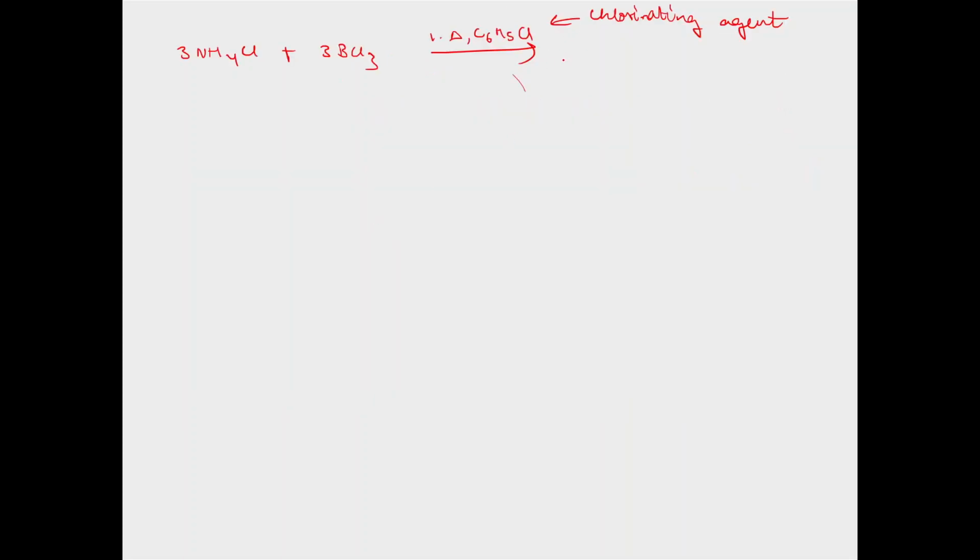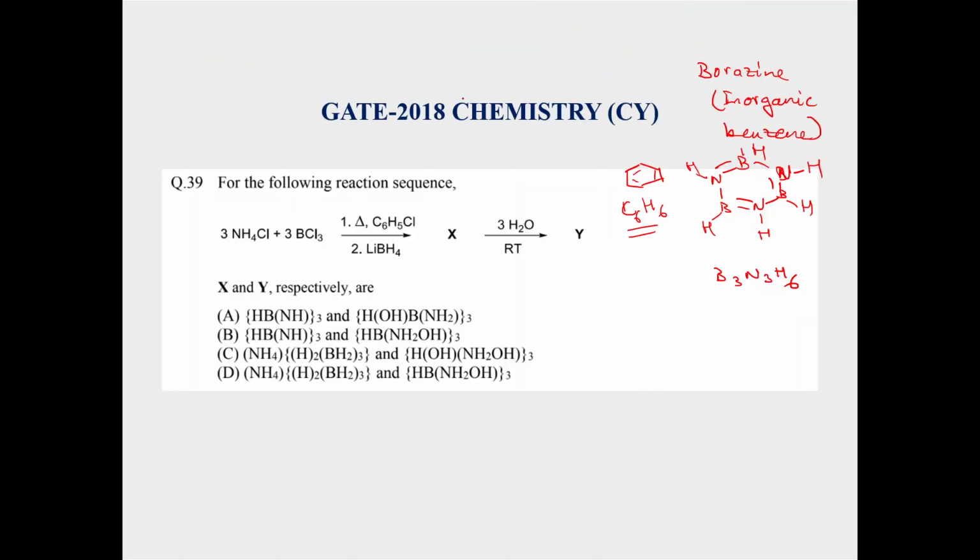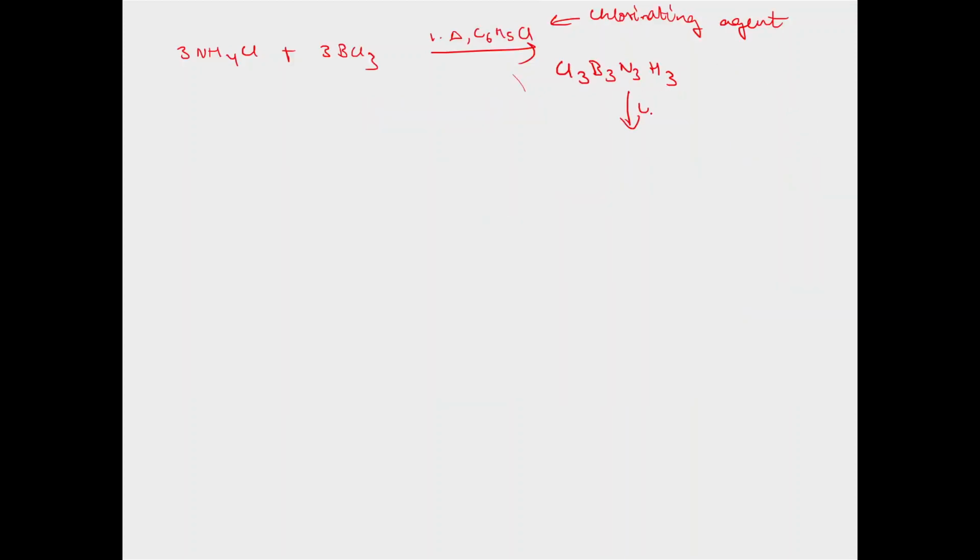This is a chlorinating agent, so first it will form Cl3B3N3H3. Then they are treating it with LiBH4, which is a reducing agent, and that is why it removes HCl, and we get B3N3H6.